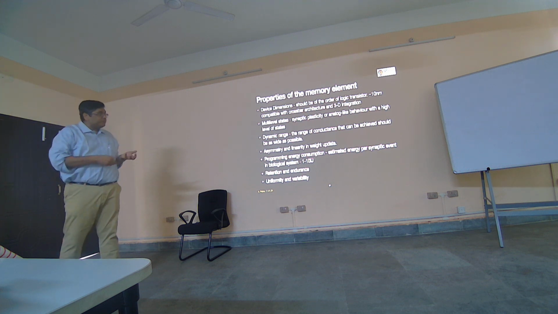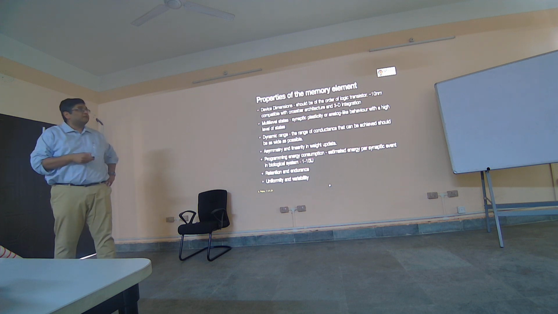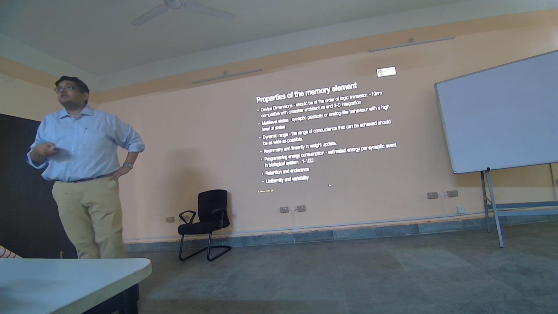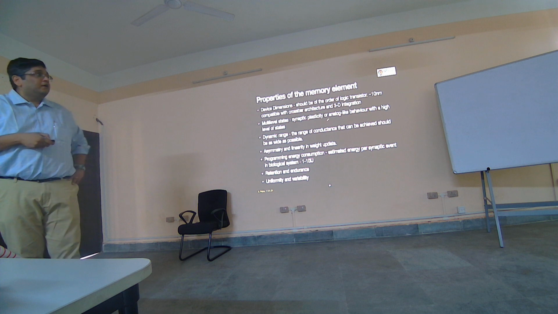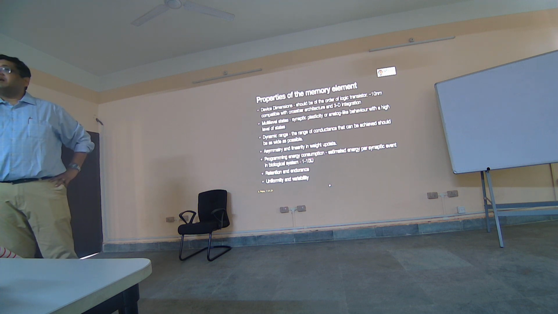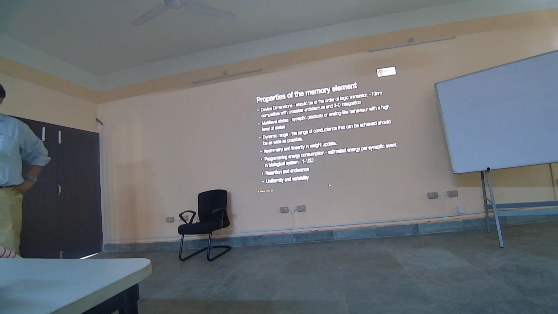So the ability of having multi-level states allows us this analog-like behavior. Unfortunately, because of the variation present in memory, it's not possible to get an ideal analog-like behavior. If you're working with one device, that would be perfect, but you have to work with an array. But you'll end up seeing an analog-like behavior. So you have a lot more states.